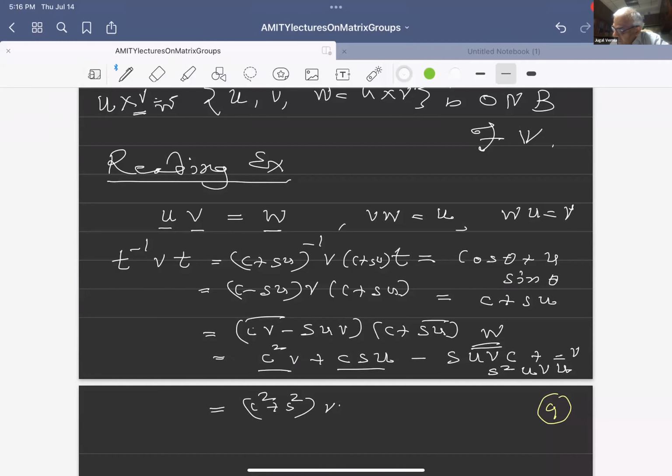V is missing. So this should be minus 2CSW.